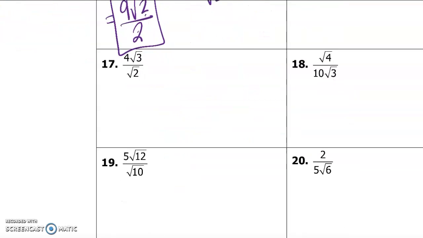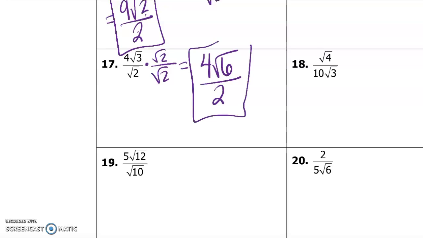For 17, the only thing different is now we have a 4 out in front. 3 and 2 cannot be simplified, so I'm just going to multiply by square root of 2 and square root of 2. So my 4 stays on the outside. I can multiply the 3 and 2 together to get 6 because they're both underneath. Square root of 2 times square root of 2 is just 2.